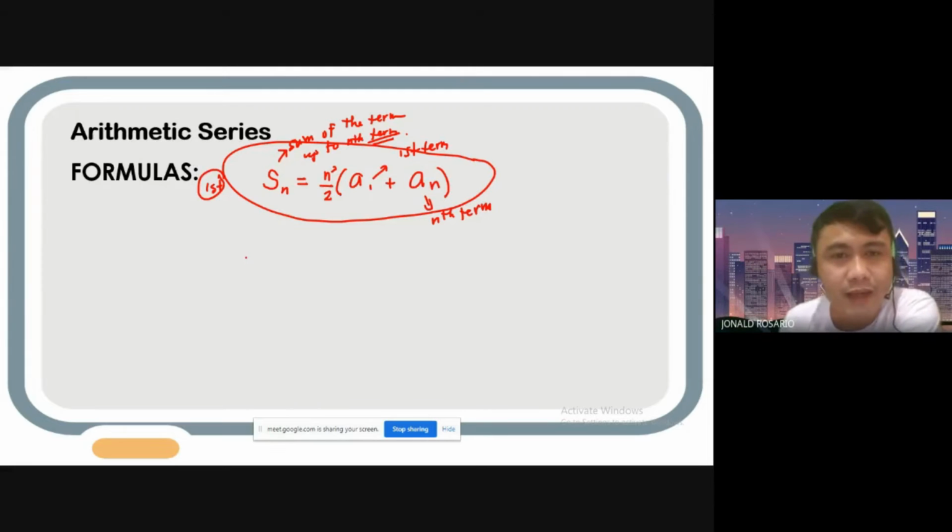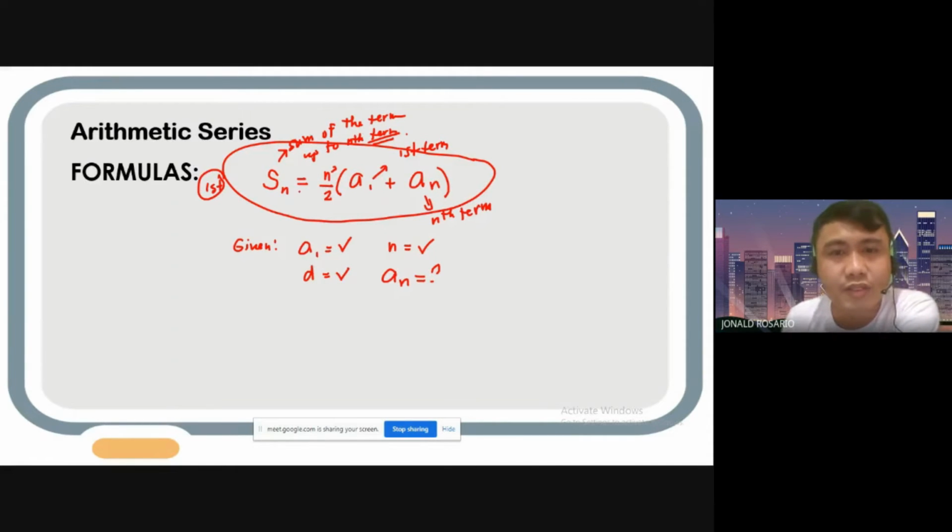Our second formula is for when a sub n is not given. What if what we are given is a sub 1, the common difference, and n, since we know which term we are looking for the sum of? What if these are the only givens: a sub 1, the common difference, n, and a sub n is unknown?